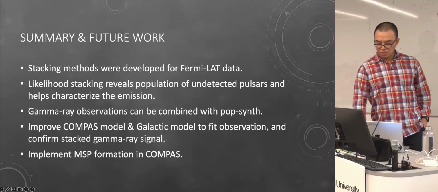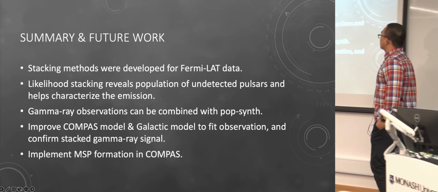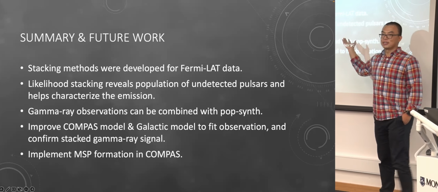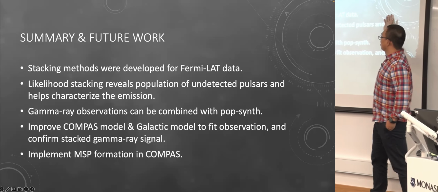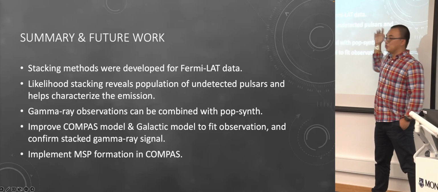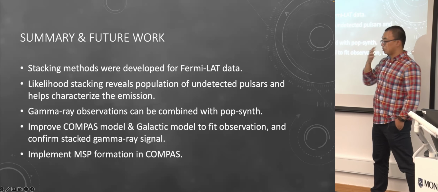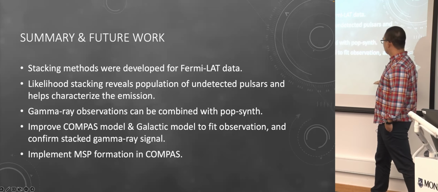So that comes to the end of my talk. Just to remind you what happened during the talk, I talked about stacking methods developed for Fermi data and used those stacking methods to reveal the population of undetected pulsars and characterize their gamma-ray emission.